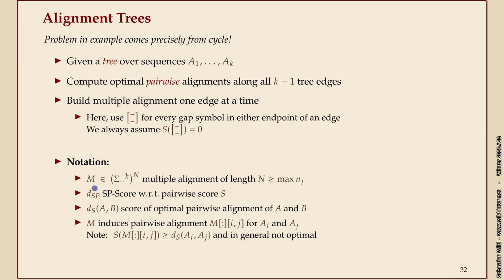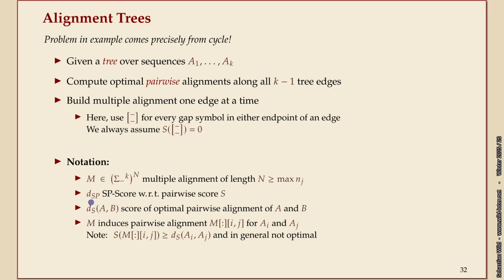DSP is the sum of pair scores. And that's something to evaluate a multiple alignment, and it depends on the pairwise alignment score that we'll use. All of this, you can just replace S with edit distance, but the ideas and algorithms are more general.